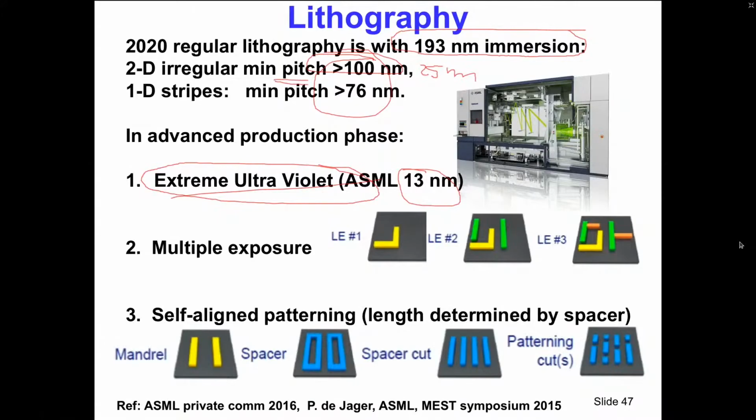There are other ways to get a pitch better than that. And the idea is, okay, we have 100 nanometer pitch, but if we print not one layer, but we print the layer in 2 or in 3 steps, we can basically get to a better pitch.